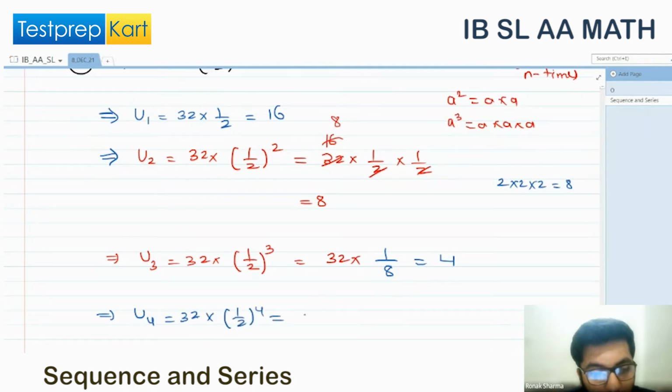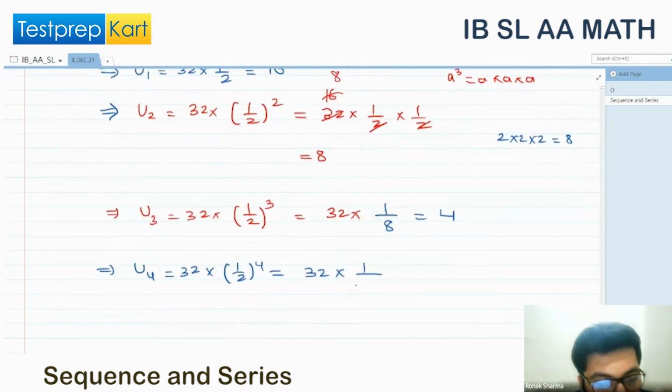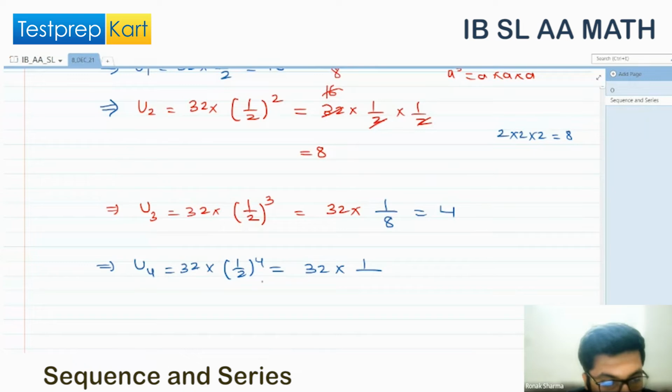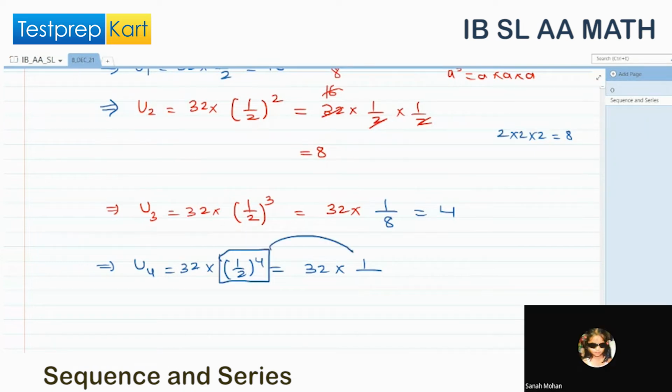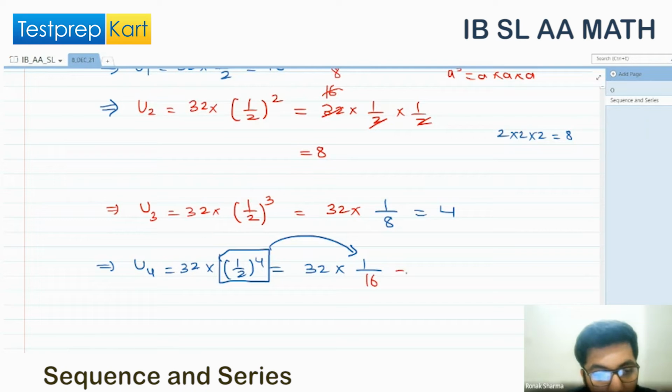So this will become 32 into 1 by what term you'll get here after calculating this? Would it be 1/16? Yes, very good. 16. So this will become 16 times 2, that will become 32. So that's why the answer is 2.